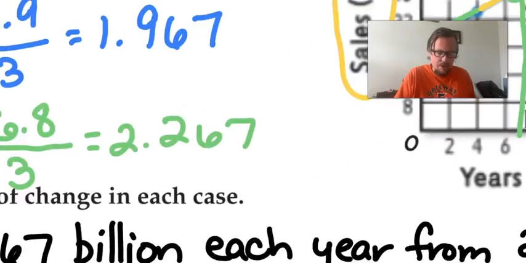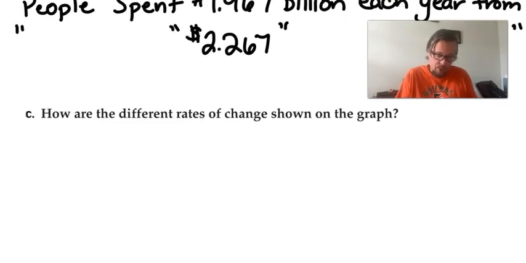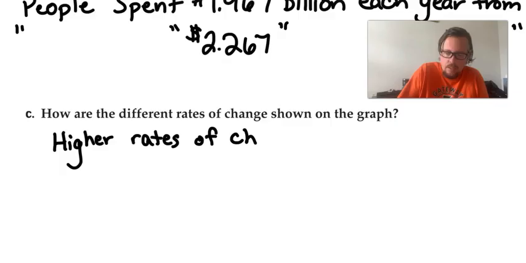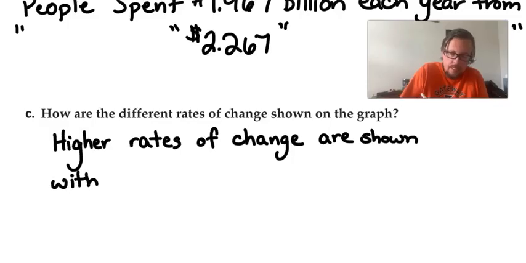It's steeper. So the question, how are different rates of change shown in the graph? Higher rates of change are shown with steeper lines.